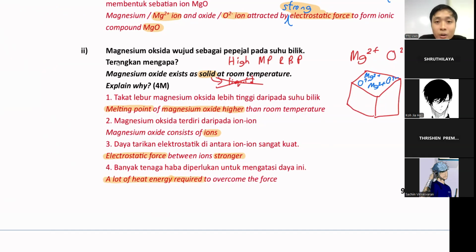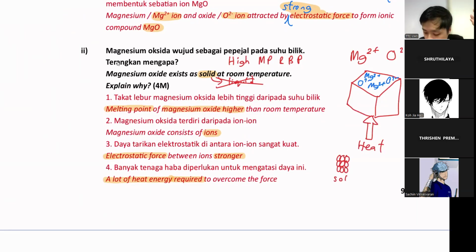It means how do you turn the solid into liquid? You have to heat, of course. You have to let the particles absorb the heat. But for ions, they need to absorb even more heat to split and become liquid. Solid looks like this.